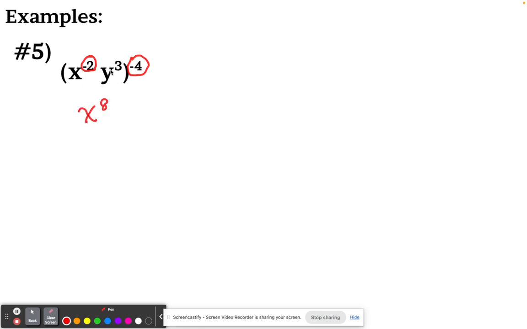Then I have y to the third power, and I have to raise that to the negative 4 power. 3 times negative 4 will give me y to the negative 12. But I can simplify that further because I have that negative exponent, which means I can move it downstairs to make it a positive exponent. So that will be x to the 8th power over y to the 12th power.